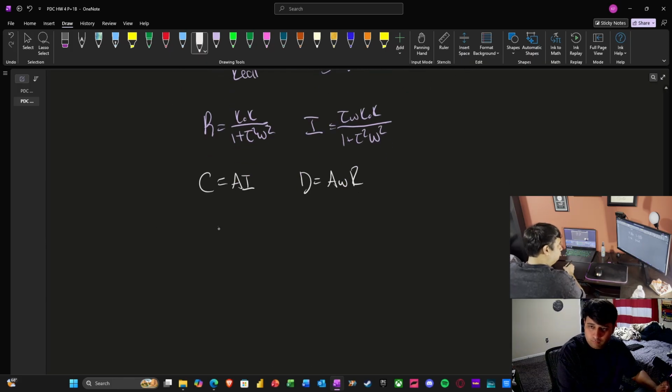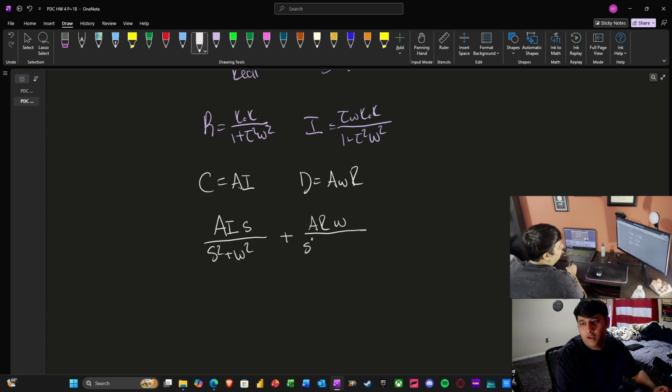So then essentially what we get is AI times s over s squared plus omega squared, and AR times w over s squared plus w squared. And within our Laplace transforms, this section right here is our cosine, and this is our sine.